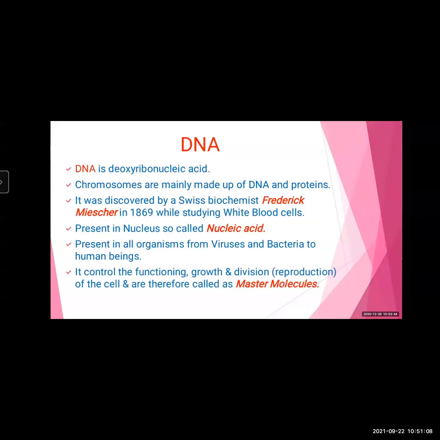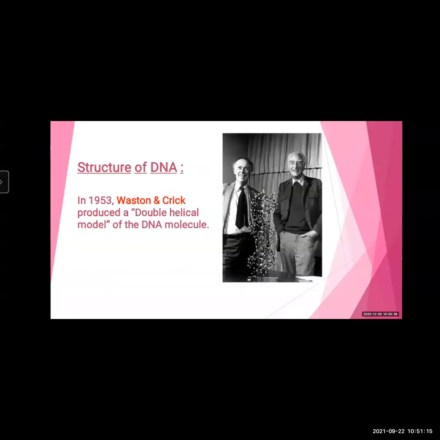Then let us study more details about DNA. Yes, the structure of the DNA. Now the next point is structure of the DNA. In 1953, Watson and Crick, you can see the pictures. These are the scientists, Watson and Crick.